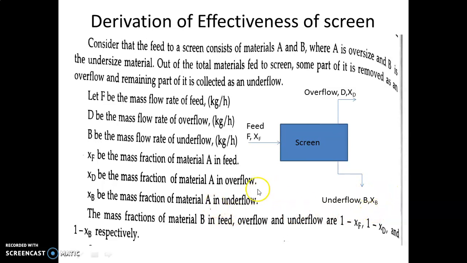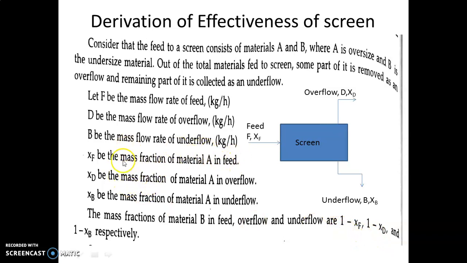Then we know that there is another material known as B, which is the undersized material. This is also present in feed, this material is also present in overflow, and this material is also present in underflow. So how is that quantity calculated?